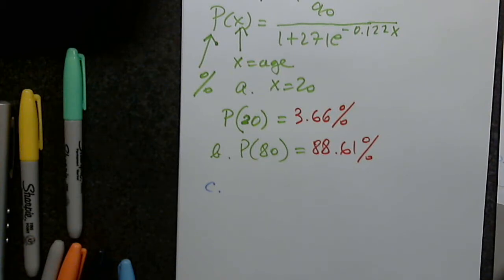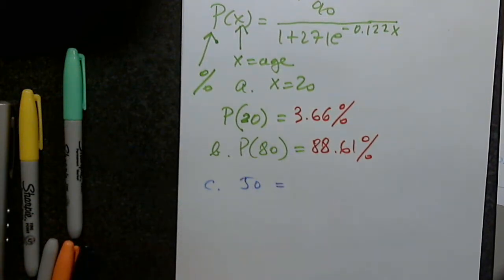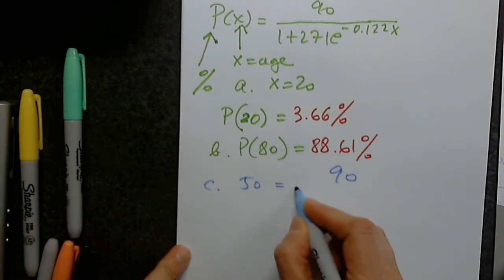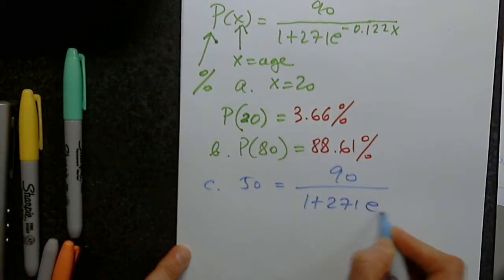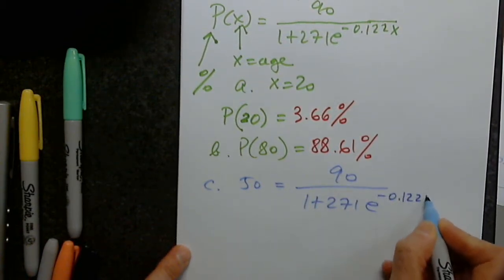So 50 equals, no, P of whatever is 50. I don't know the age. 50 equals 90 over 1 plus 271 e to negative 0.122x.